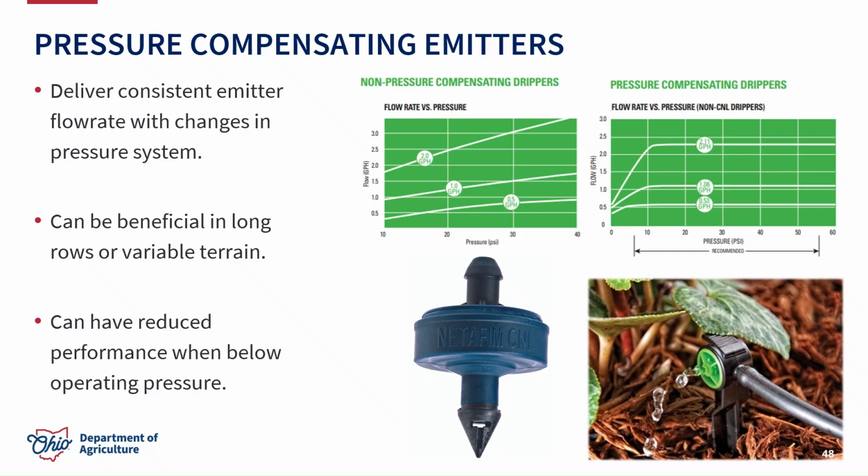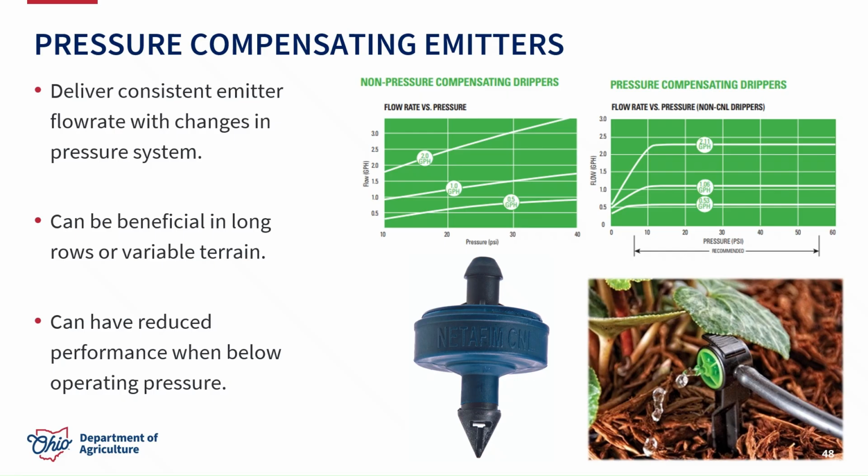A unique type of point source emitter that we may encounter or design with in situations where there's varying topography and we're struggling to get good emission uniformity is a pressure compensating emitter. What these do is deliver a consistent emitter flow rate even when there are pressure changes along that lateral line.